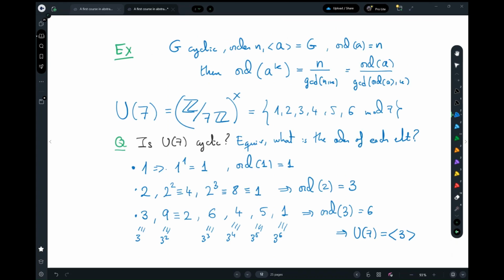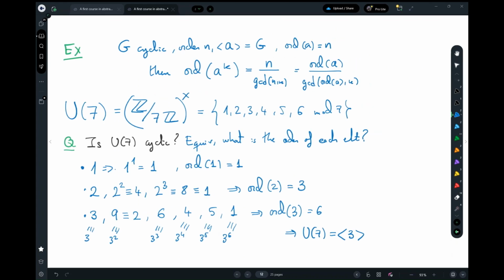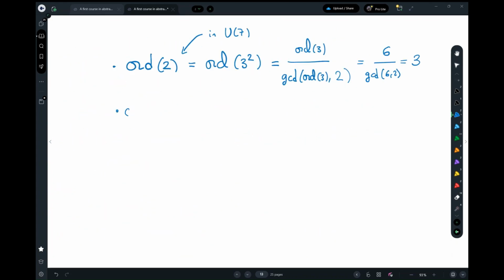What else do we have? What is the order of 6? So, for example, what is the order of 6? 6 is 3 cubed. And the formula now tells me that it will be the order of 3 divided by the GCD of the order of 3, 6, and the power that we're using, which is 3 in this case.